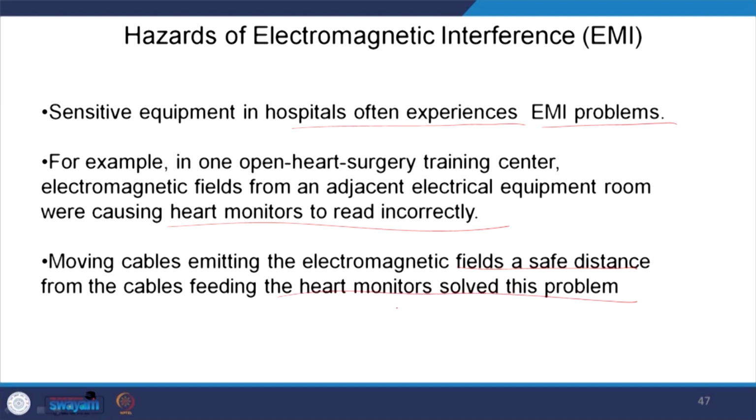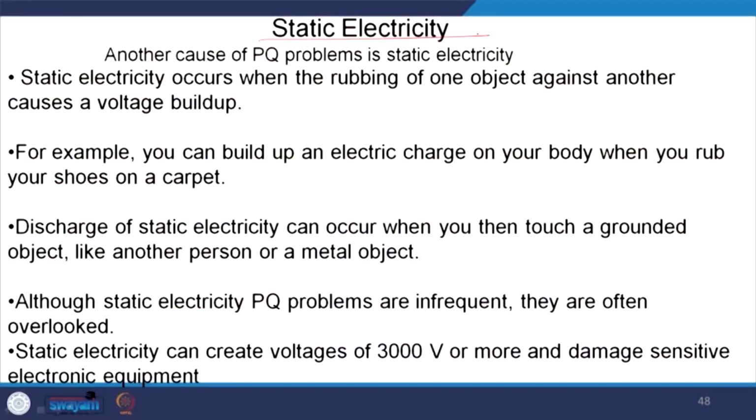There are many ways to solve the problem. This is altogether an EMI EMC suppression issue. So, that can be a banded method, that can be a holistic designing method. So, that itself is a chapter or a subject. Now, another entity is essentially static electricity.